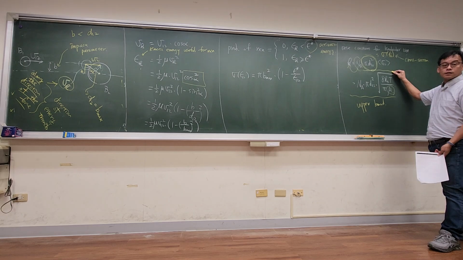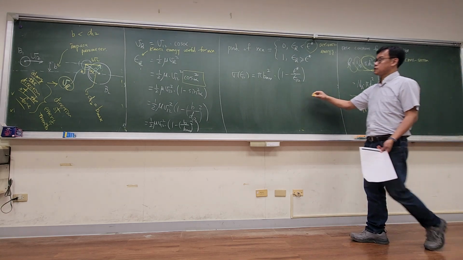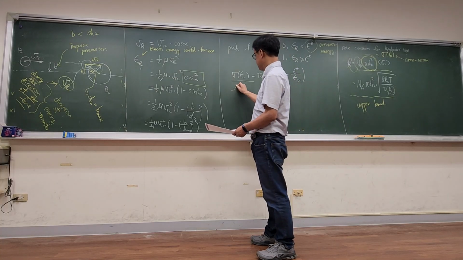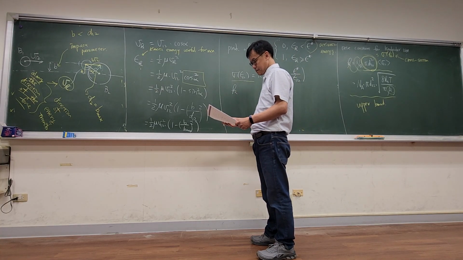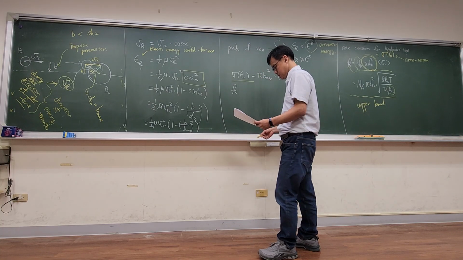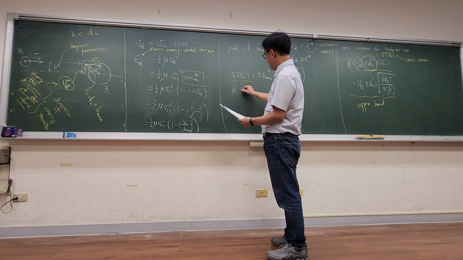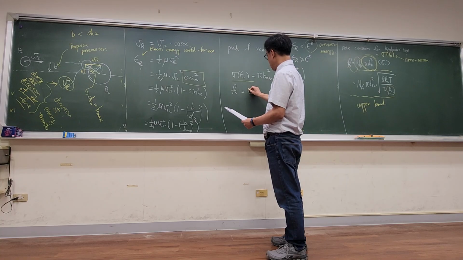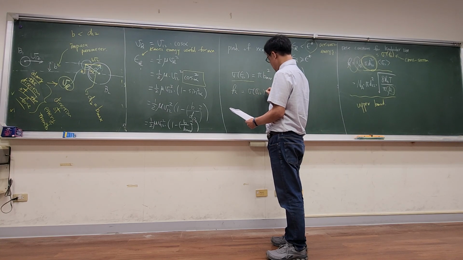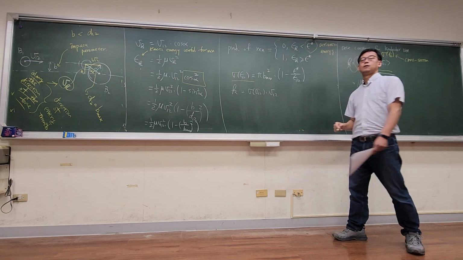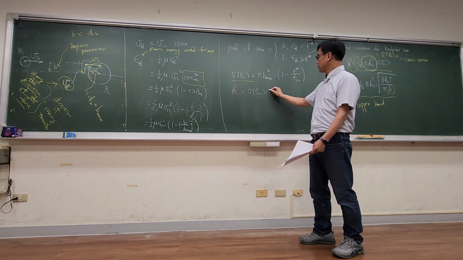The only thing we need to consider is this part. So we have a cross section like this. Then your rate will be, we average this.